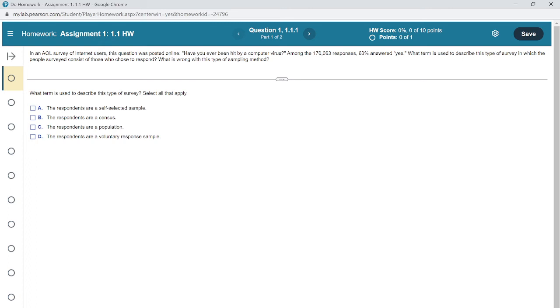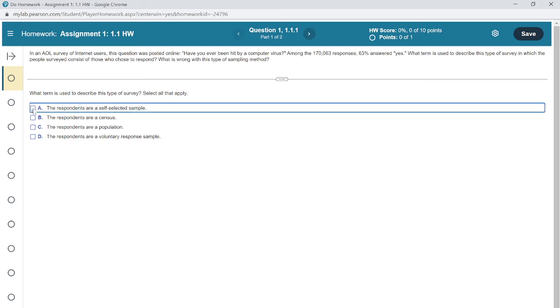What term is used to describe this type of survey in which the people surveyed consist of those who choose to respond? What is wrong with this type of sampling method? The first question is, what term is used to describe this type of survey? The respondents are a self-selected sample. So this is actually right.